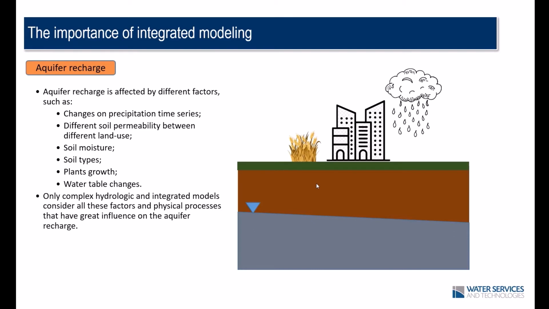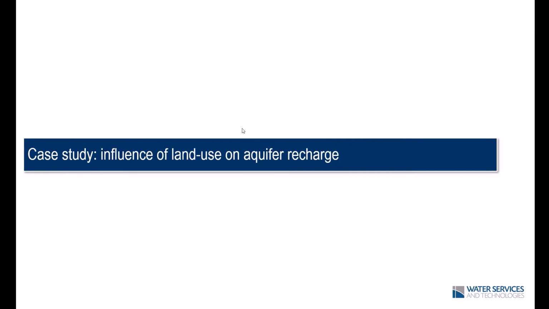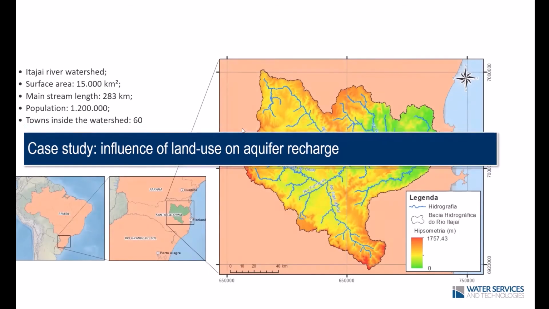And only complex hydrologic and integrated models consider all these factors and physical processes that have great influence on the aquifer recharge. Hydrogeological models don't consider all these factors. So that's why we need to give the model the information about the aquifer recharge. So now I'm going to show you a case study on the influence of land use on aquifer recharge.